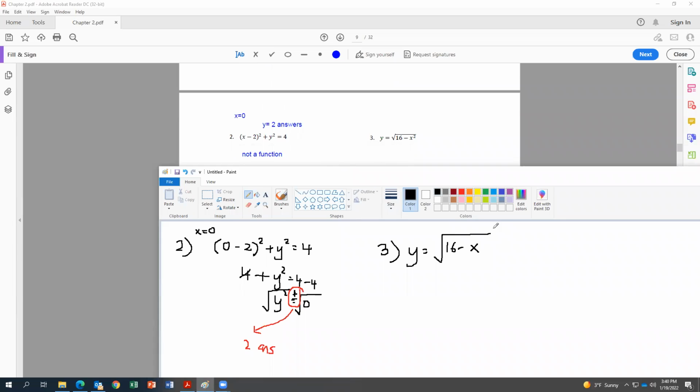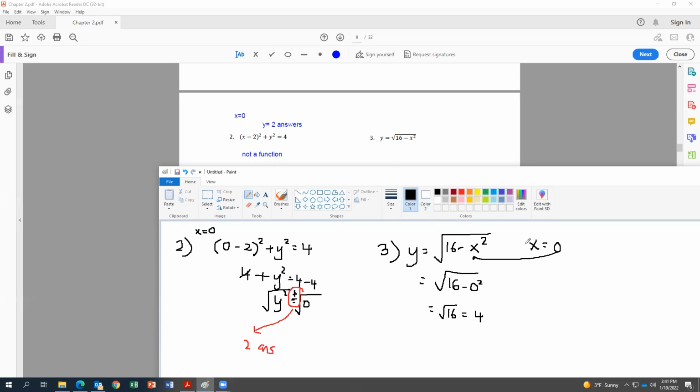So for question 3, we can plug any x values here. We can plug 0 in here. Now, don't forget, this question doesn't have a plus minus. It just has a square root. 16 minus 0 squared, because x in this case is 0. So you got square root of 16, which is 4.